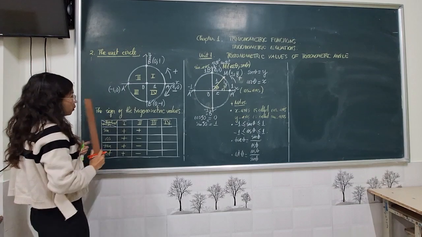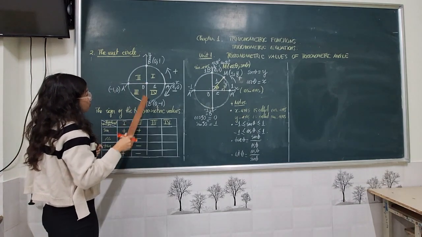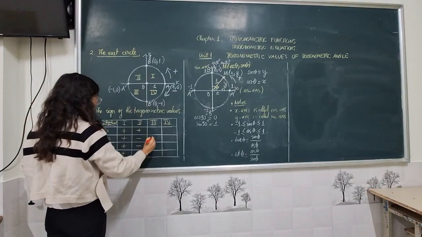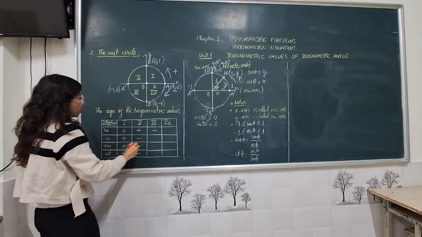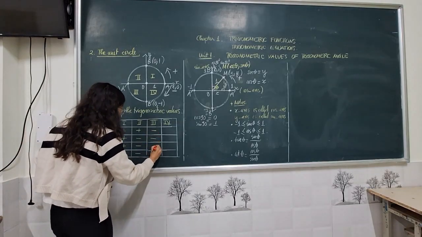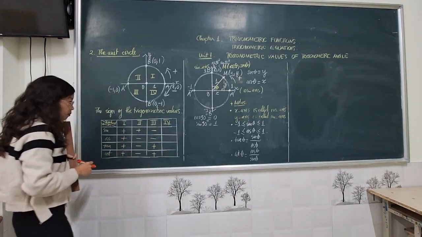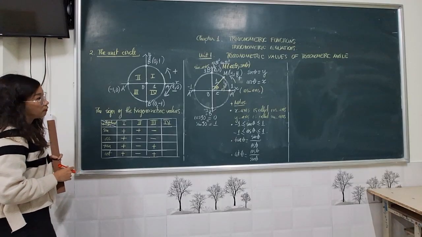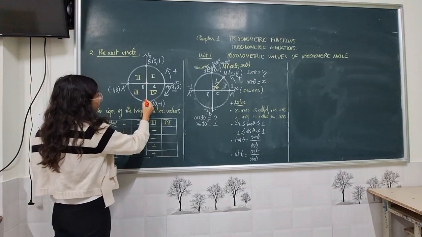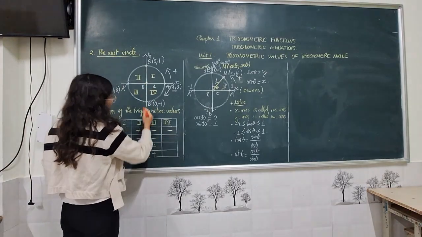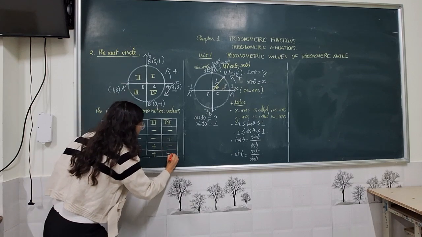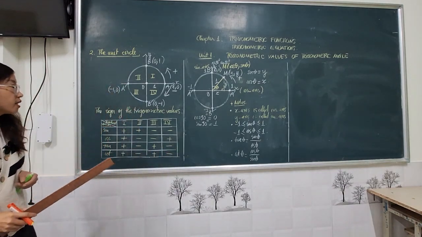In quadrant 3, sine is negative because it is below the x-axis, and cosine is negative too. So tan is negative over negative, which is positive. Cotangent is also positive. In quadrant 4, sine is negative and cosine is positive, so tan and cotangent are negative.